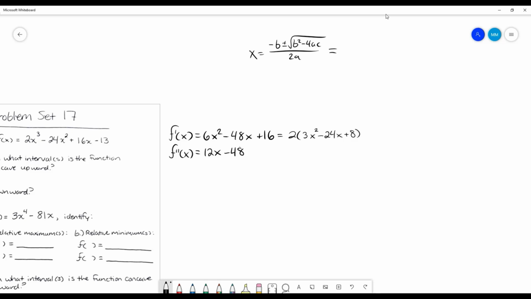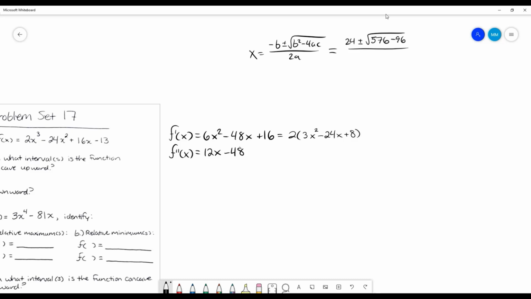So in this case, negative b is just 24 plus or minus, what is 24 squared? 576 minus 4 times a times c, so it's going to be 4 times 24. 24 times 4 is 96.